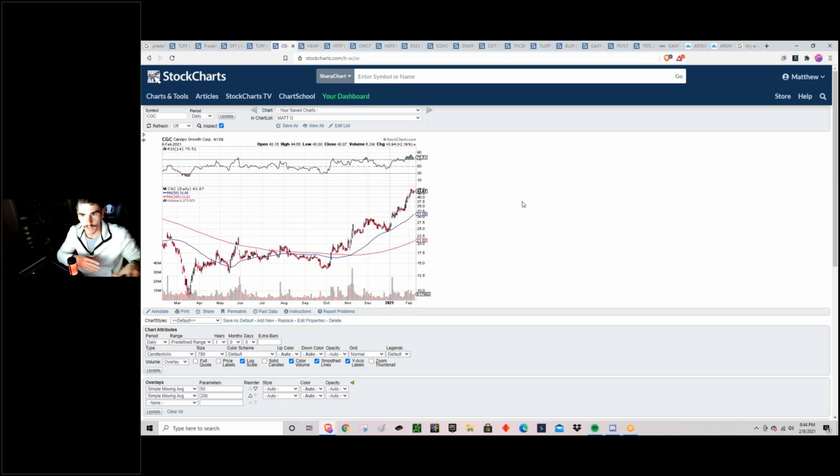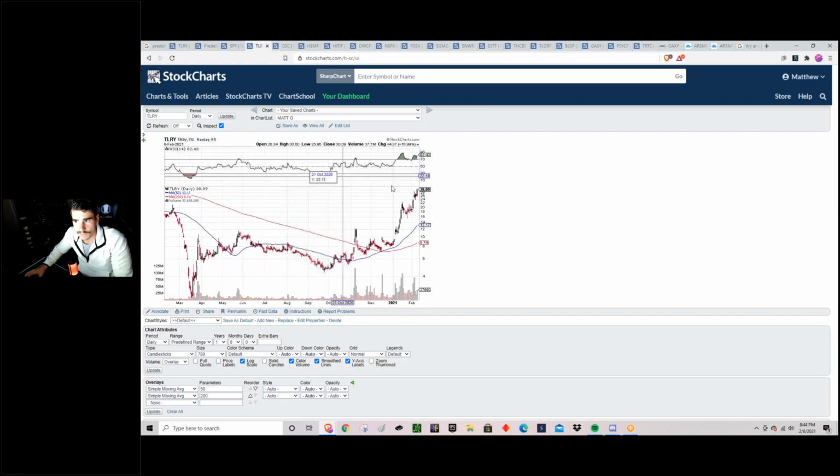For the marijuana sector, CGC's earnings report is kind of like the Amazon of earnings, or the Apple of earnings. It's kind of gambling holding into any earnings report, so I definitely want to scale back my size going into one.